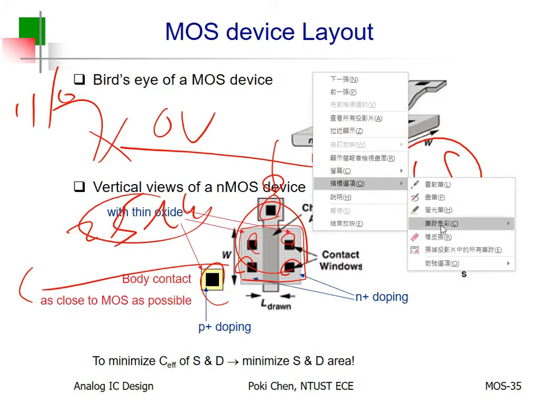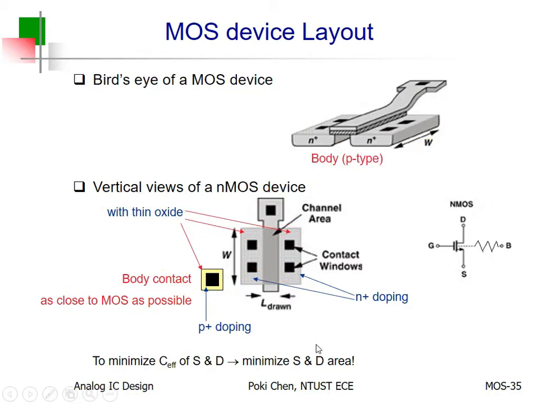First of all, for all those connections, we call it contact, because only metal one can contact all the layers below it. Okay, so we call it contact. Never mind whether it contacts poly or source, drain, or body. We don't care.